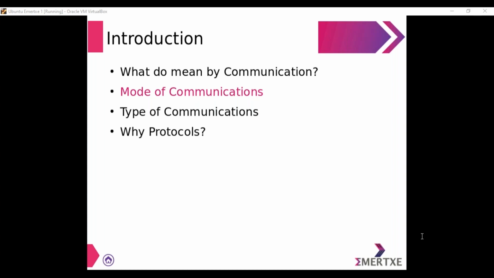Now, for example, I am communicating with you people, or you are communicating with me. So that is because there is a need. The need is I want to teach you microcontroller and you want to learn microcontroller. So there is a need for both of us. So only when there is a need, communication is happening.